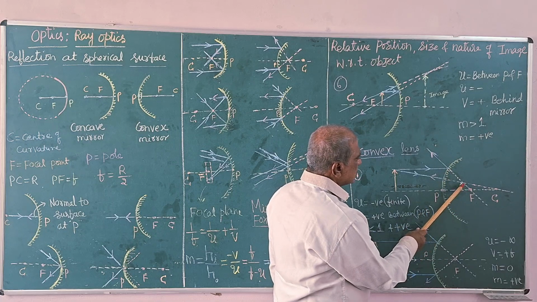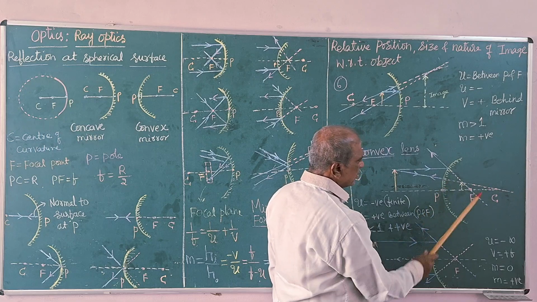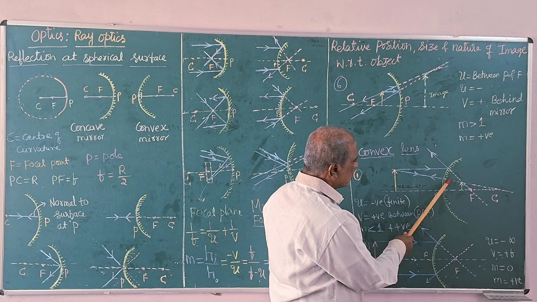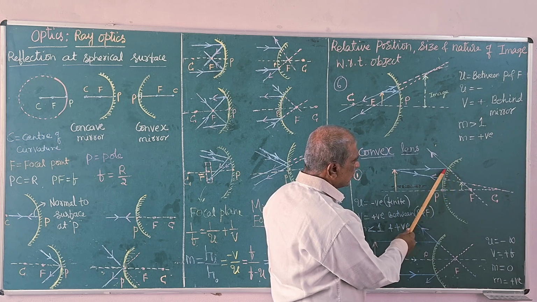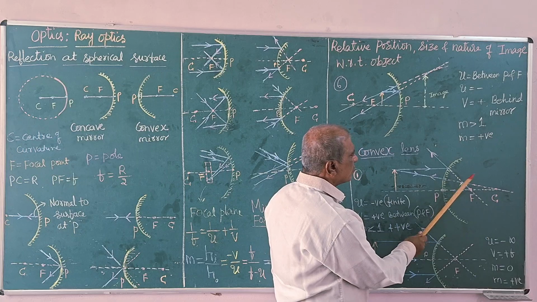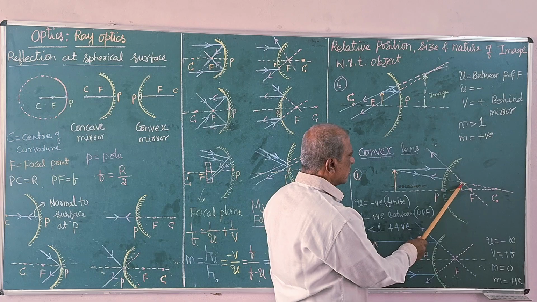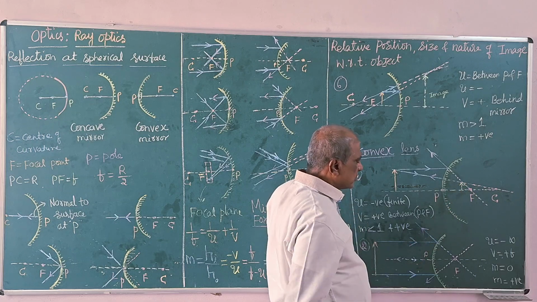So it looks like a divergent ray, a virtual ray backward. When the reflected rays are extended, they meet here. This should be the tip of the image, and then draw the remainder perpendicular to the principal axis. This is the image formation.